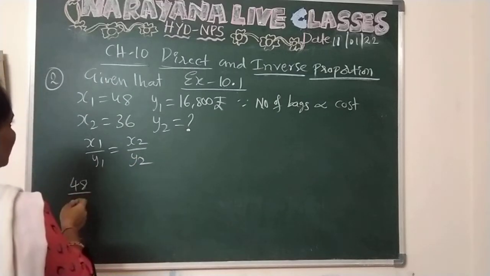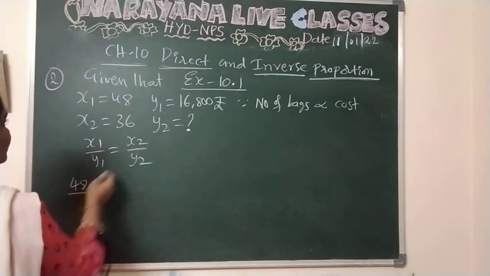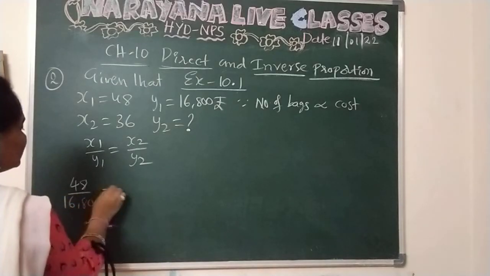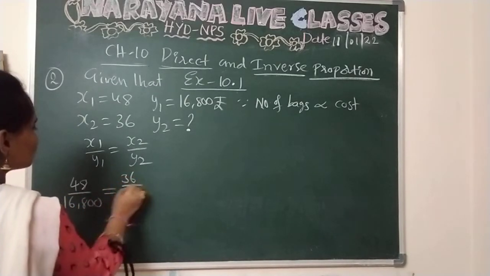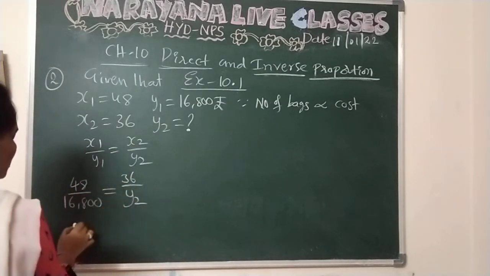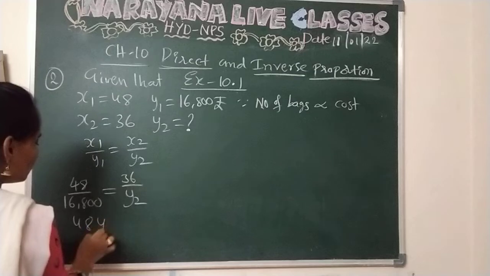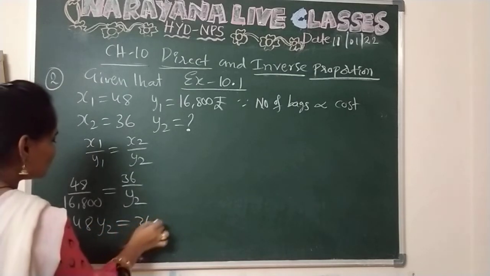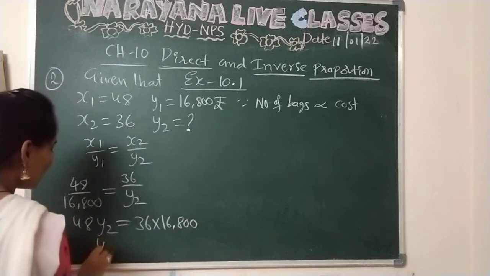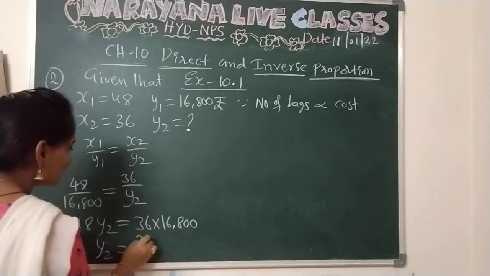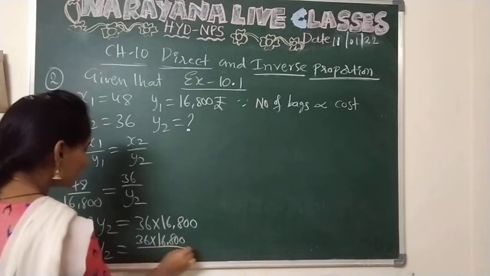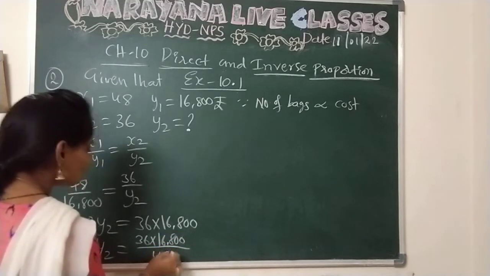Here I am substituting directly, x2 is 36, y2 we need to find out. Now do the cross multiplication. So 48 into y2 is equal to 36 into 16,800. Now y2 becomes 36 into 16,800 divided by 48.